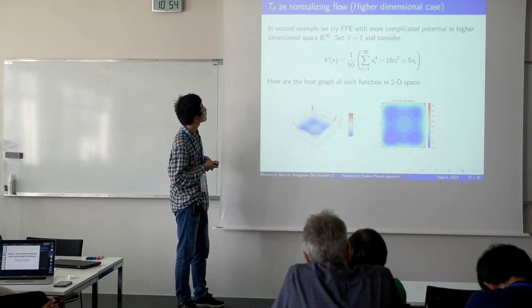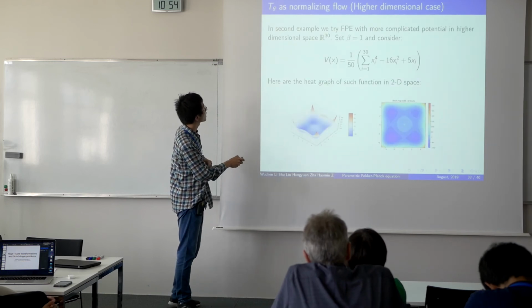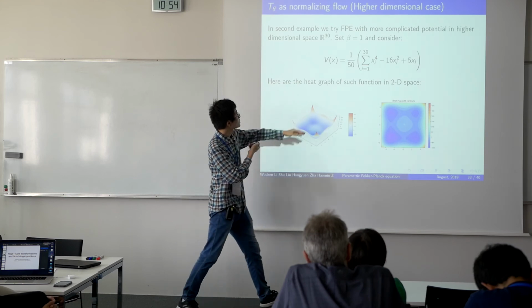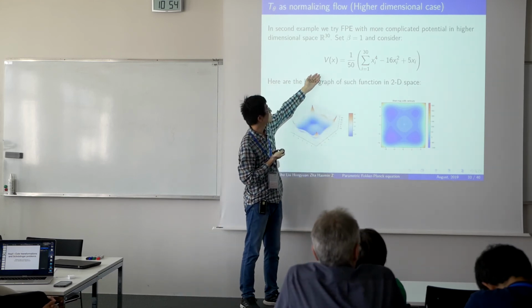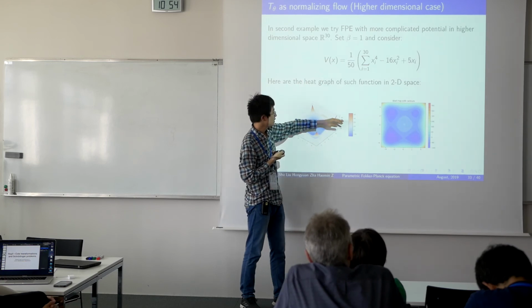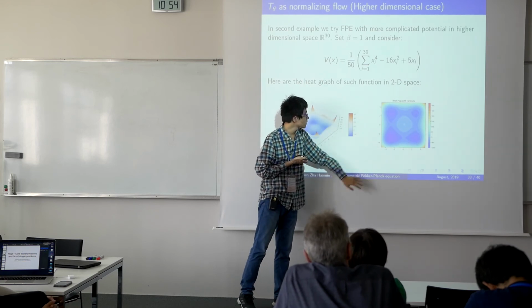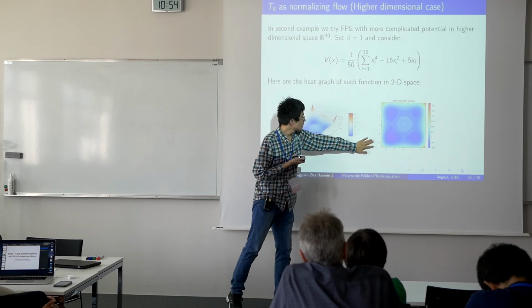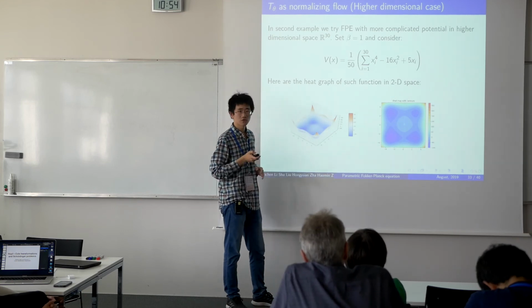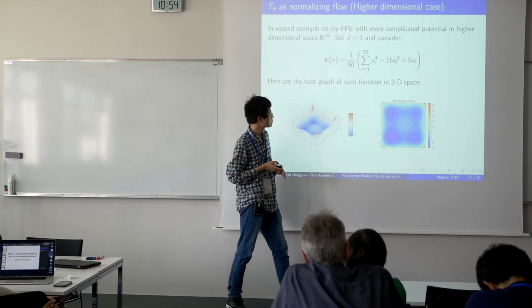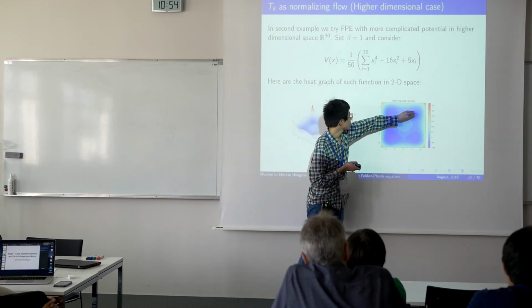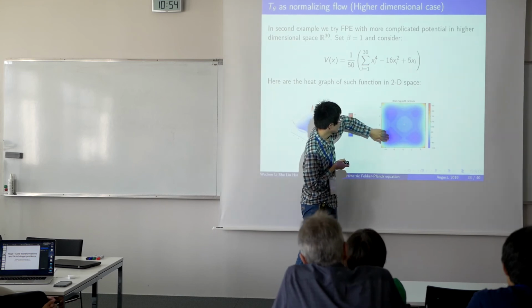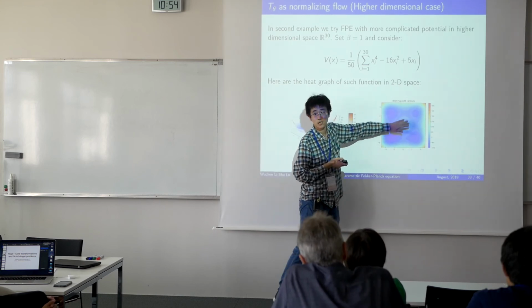Okay. And finally, let me give an example in R30. So we consider a symmetric potential like this. And to make you feel better with this potential function, I drew the heat map of this function in 2D, looking like this. So you can imagine that when t goes to infinity, the distribution will converge to some distribution whose sample points are concentrated on these four corners, with highest density here and lowest density here.